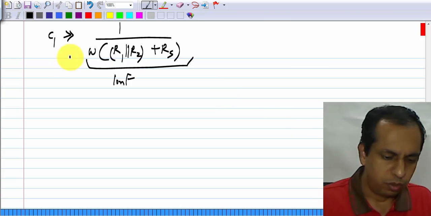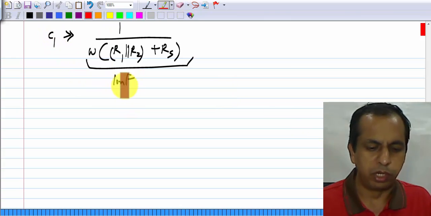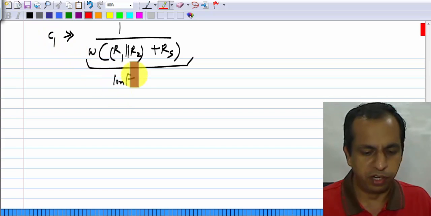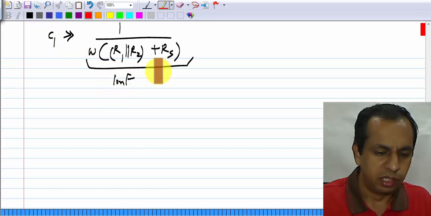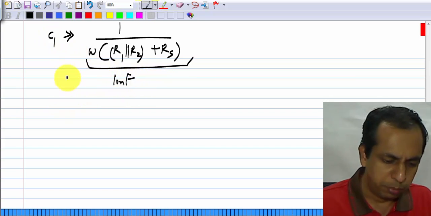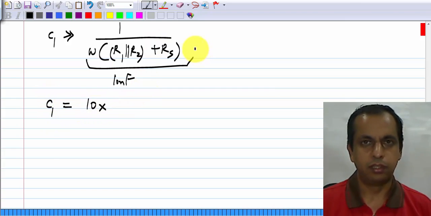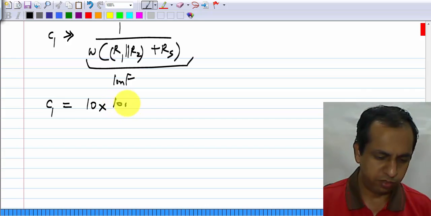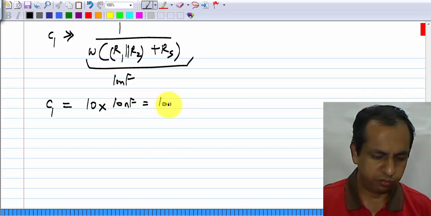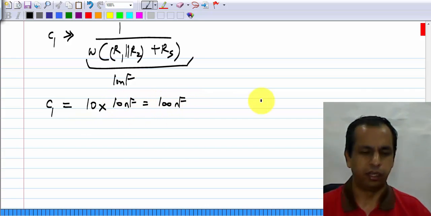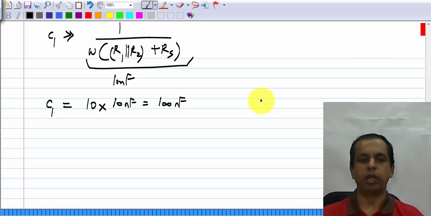Now, what should be C1? If it is 1 microfarad, it is more than this. If it is 1 millifarad, it is also much more than this. But of course, you do not go crazy like that. Typically, if you take C1 to be, let us say, 10 times this constraint, 10 times 10 nanofarad equals 100 nanofarad, that is good enough. Or you can make it a little more, but you do not have to make it like 1000 times or something like that.